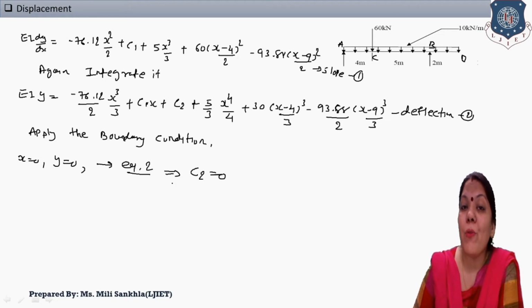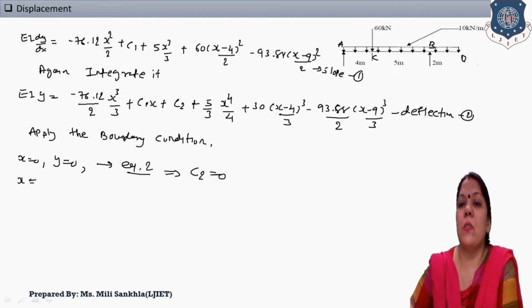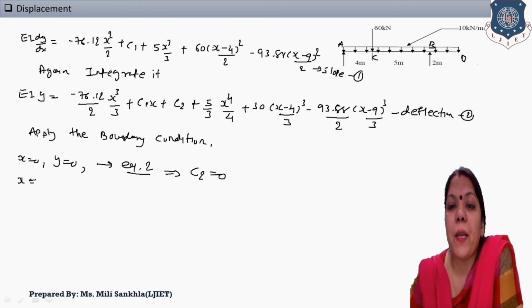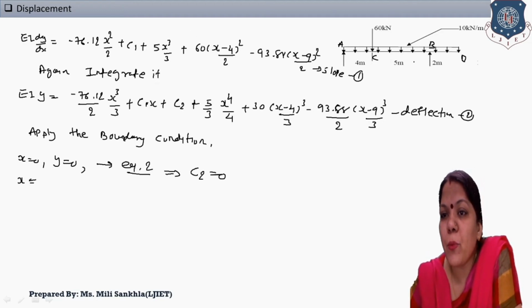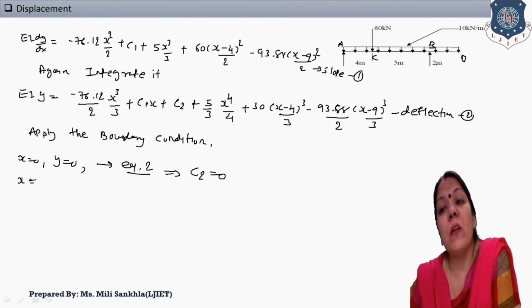Now apply the boundary condition at our second support. Here we take care, because look at this. This is support A and this is support B, and D is our free end. So the first value we take at A point, x is equal to 0, and students take the second boundary condition at D point.